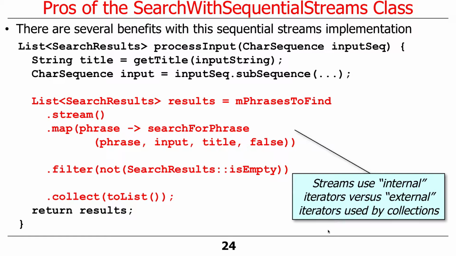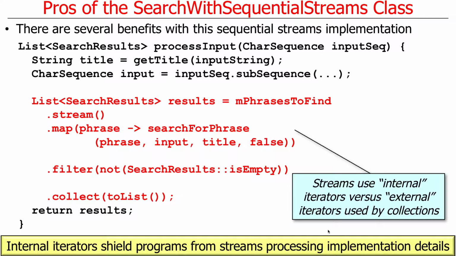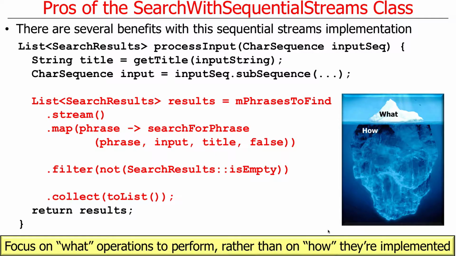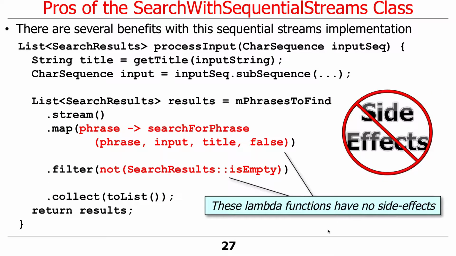It's done implicitly by the streams framework. And that shields the programs from implementation details of how it all works under the hood. It's also a nice declarative pipeline since we're transforming things through these aggregate operations. And that allows us to focus on the what, not the how. The framework does the how, we just do the what. So that's a reduction in complexity.